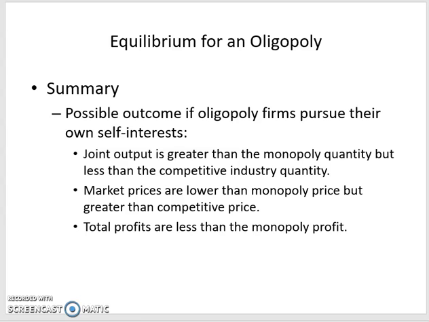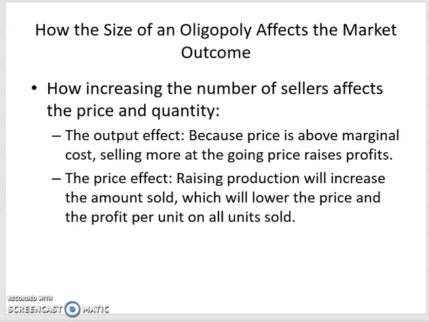They're better off not competing with each other. Output is going to be greater than a monopoly, but less than competition. Prices are going to be lower than a monopoly, but greater than competition. And profits are generally going to be lower than monopoly profits, but probably greater than competition profits.